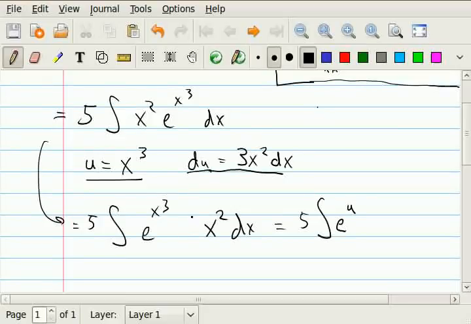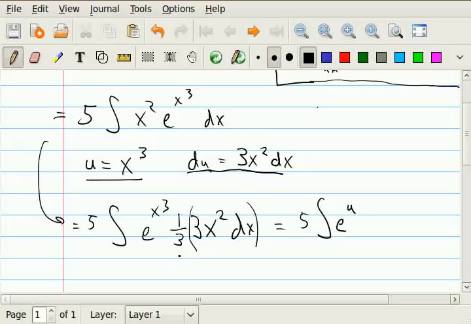We just have to multiply by 3, which we can do as long as we multiply by a third right next to that. This is a trick we used in the last section on the generalized power rule. We want this du to be something we can replace in the integral, but we're not quite there. We've got just x squared. Well, we can multiply by 3 as long as we multiply by 1/3.